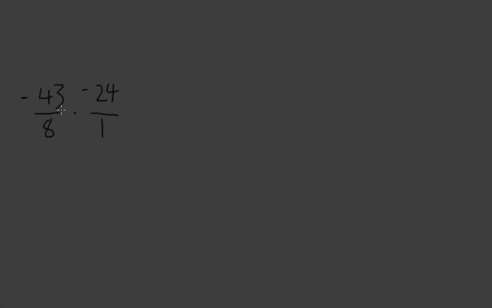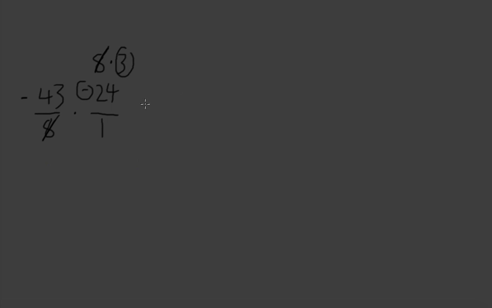Okay, so now we're done with this. Before we multiply straight across, let's consider that we can factor this and maybe cancel out this 8. What is 24? Well, 24 is also 8 times 3. So we can cancel out the 8 and 8 there. Now what we're left with is a negative 3 and a negative 43 on top, and below is just this 1.